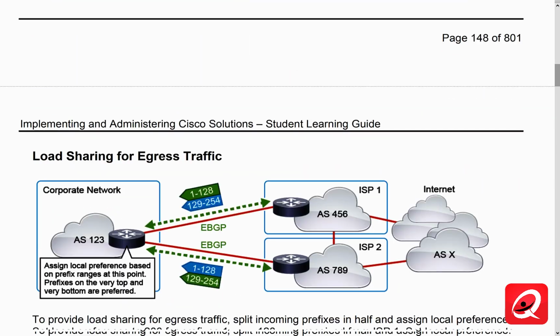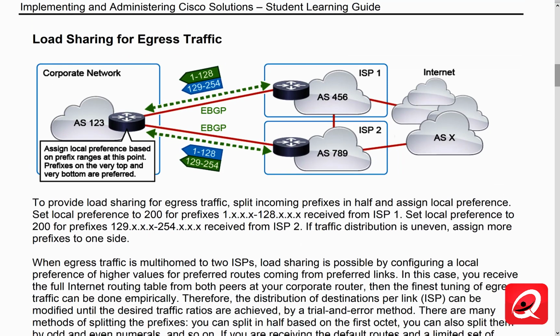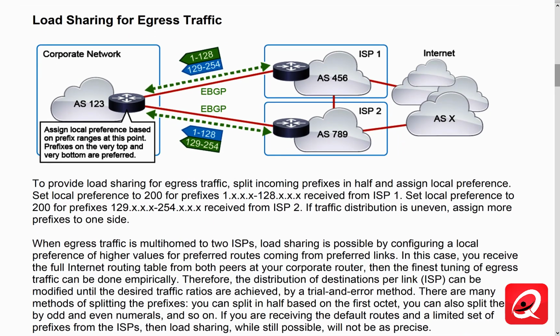To load share for the egress traffic, a way that we do that may be by applying different attributes to the routes that we're learning. Certainly, if it's internet-based routes, right? ISP1 has, say, network A, B, and C. And ISP2 has network X, Y, and Z, okay?